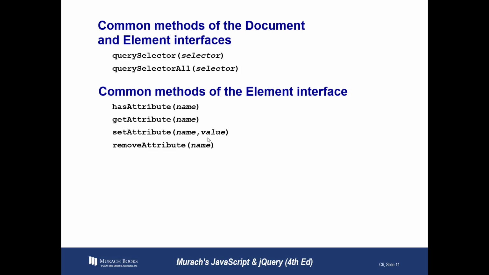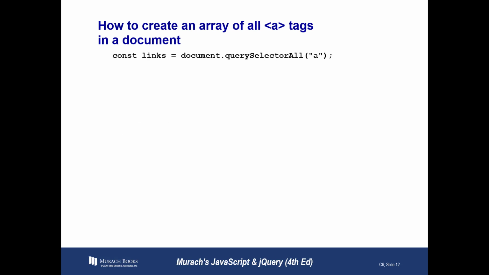And whatever comes after the equals in the double quotes is the value of that attribute. So as it says, this will allow you to create an array. Really, I think it's a node list, but it could be an array, of all the anchor tags that exist.